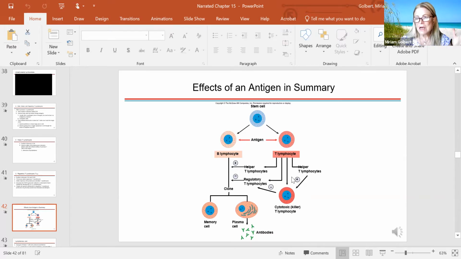The T cells are going to start creating this very specific cytotoxic killer T cell so that they can go and attack any infected cell by contact. Now, if you look at the helper T cell, you know that they're related to telling the B lymphocyte to create the antibodies, telling the T lymphocyte to create that specific cytotoxic killer cell.